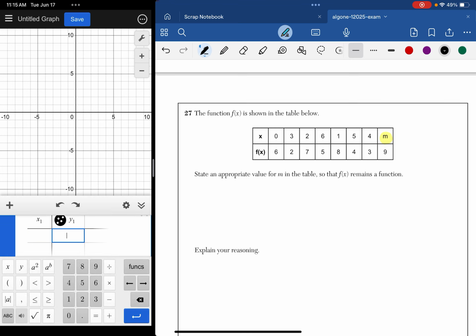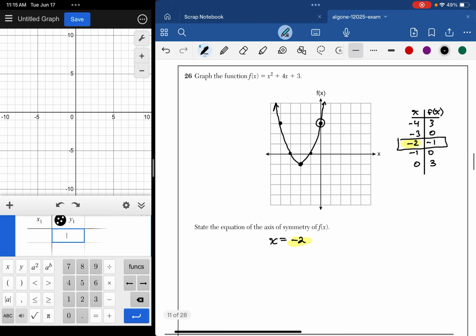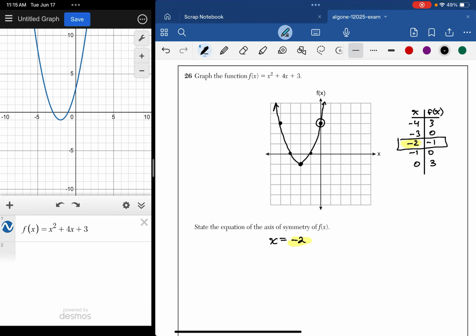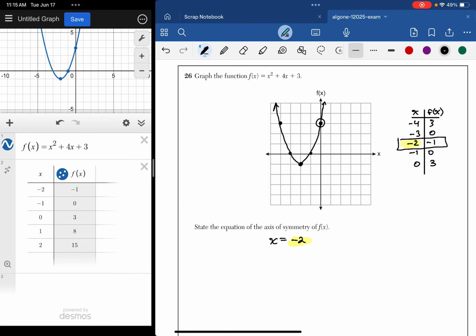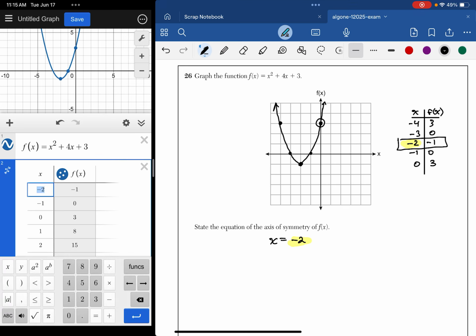Oh, actually, going back to that previous question, if you wanted the table of values, let me just bring this back. If you wanted the table of values, you could hit that little gear and then tap on table. And it gives you a set of points. It's not always the points that you want, so you've got to be careful about that. But it usually gives you enough to get started. So here I wanted to go -4. And even if you wanted to go by the domain of the graph, I'll say -5.